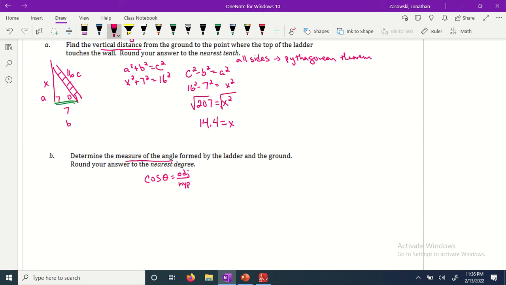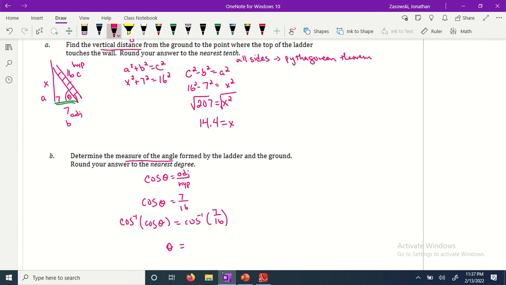And then the angle that we're trying to find is down here, between the ladder and the ground. So the cosine of our angle is going to equal 7, which is the adjacent side here, over the hypotenuse, 16. And since we're looking for the angle, remember we're going to use the inverse, not cross multiply. So the cosine inverse of cosine theta is equal to the cosine inverse of 7 over 16.